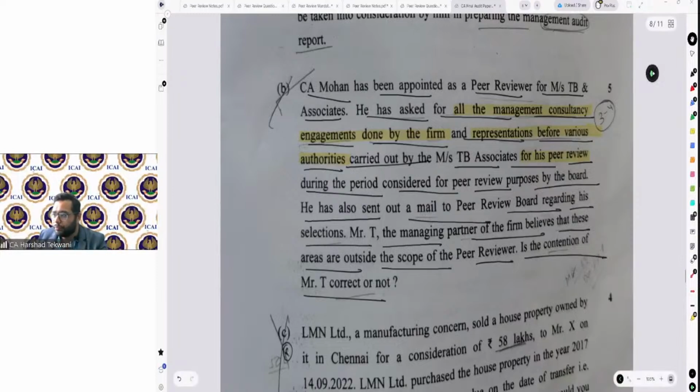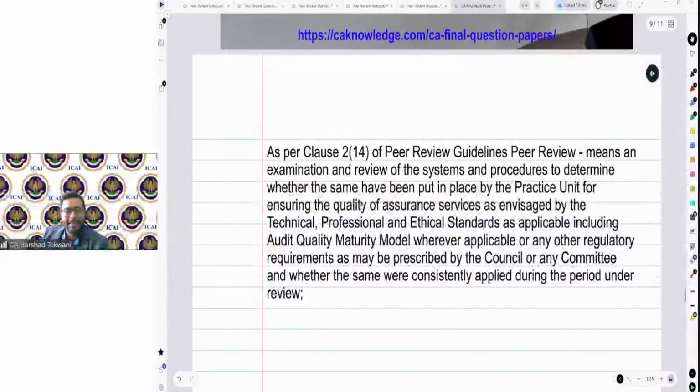So if I have to answer, I'm writing the answer over here. As per clause 214 of the peer review guidelines, peer review means an examination of the review system and procedure to determine whether the same has been put in place by the practice unit, for ensuring the quality of assurance service. This is a very important area.